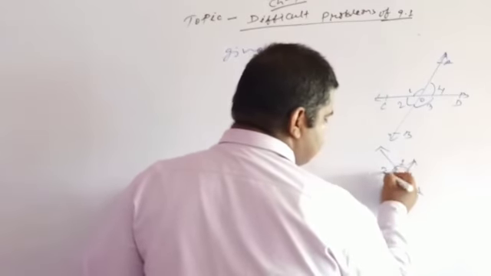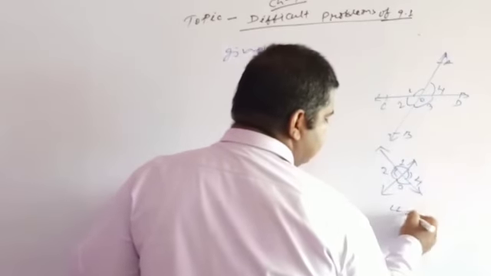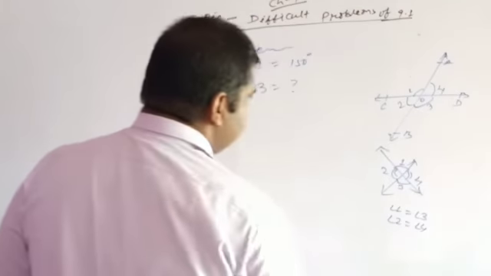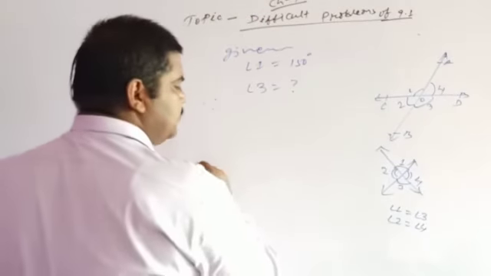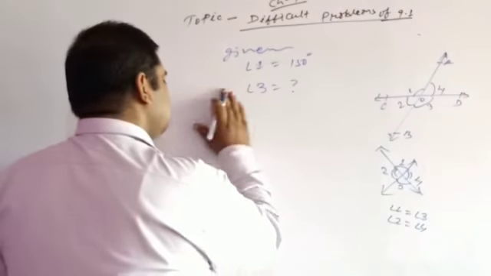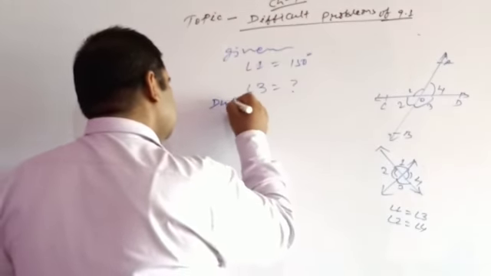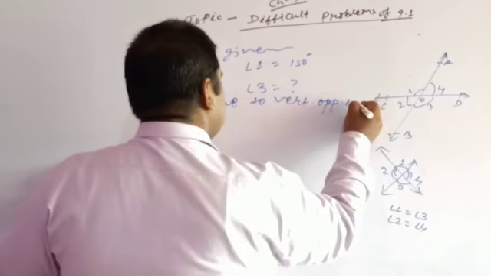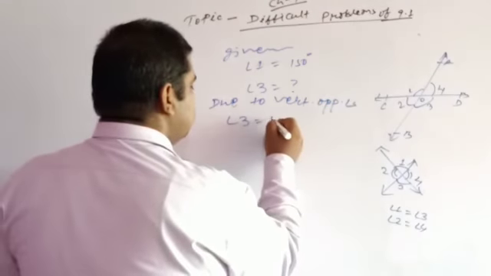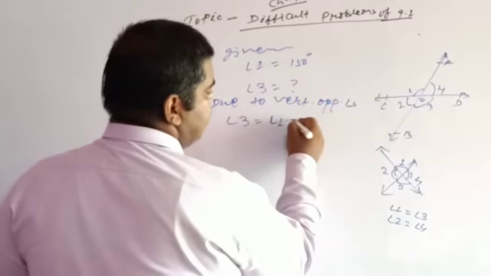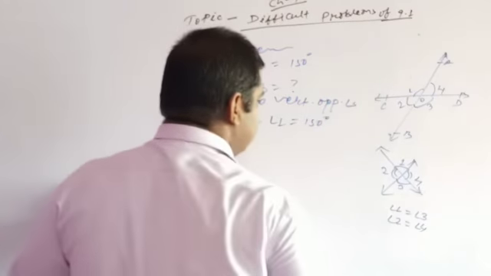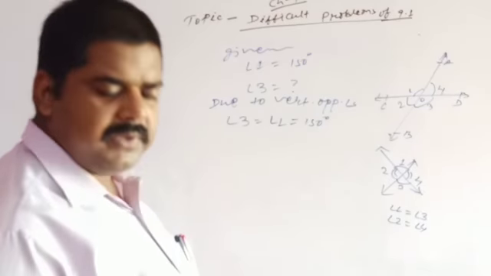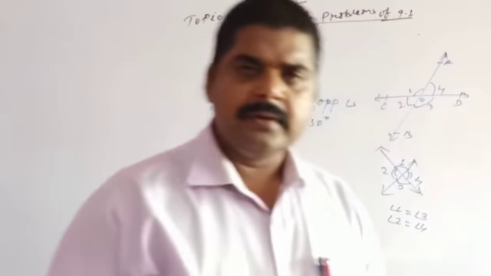So if the angles are 1, 2, 3, 4, then angle 1 is equal to angle 3 and angle 2 is equal to angle 4. You have to mention that due to vertically opposite angles, angle 3 is equal to angle 1, and angle 1 is given as 150 degrees. This is why angle 3 is equal to 150 degrees.